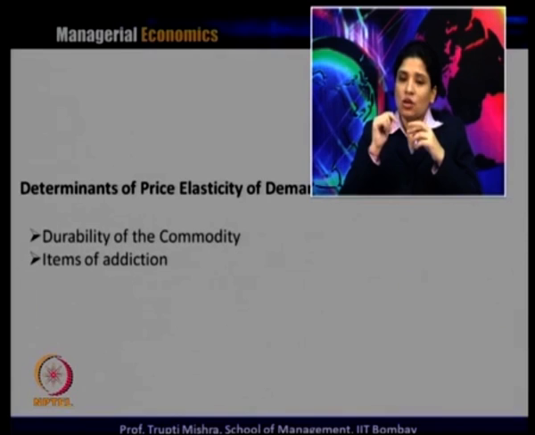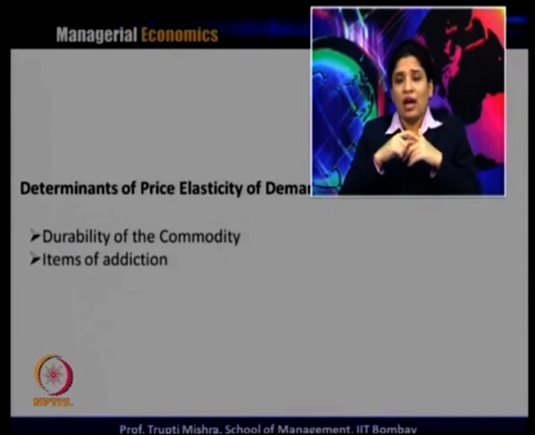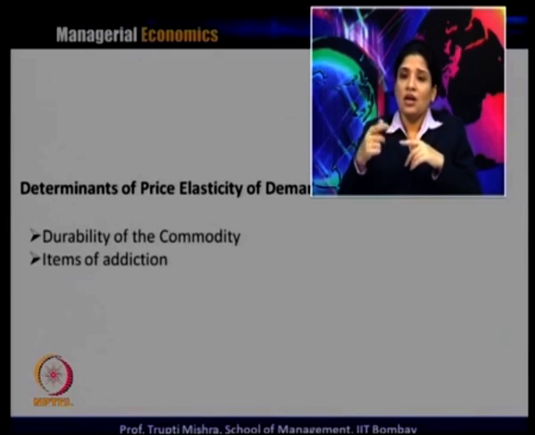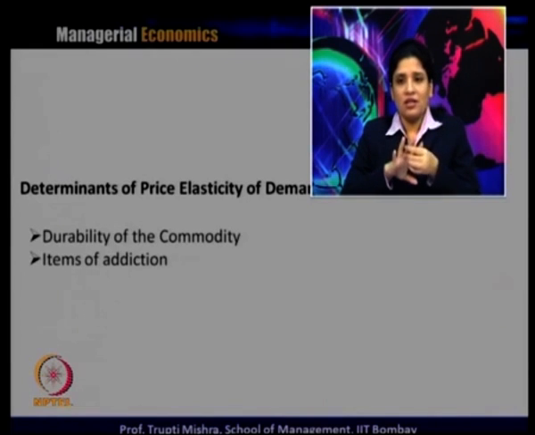So the usage of the commodity also plays a greater role in identifying the value of price elasticity of demand, because the greater the usage, the more elastic the demand as compared to other goods.